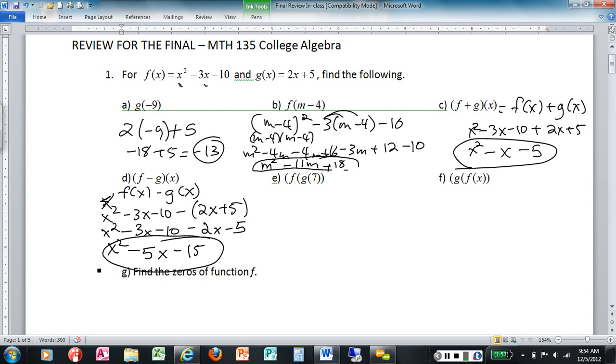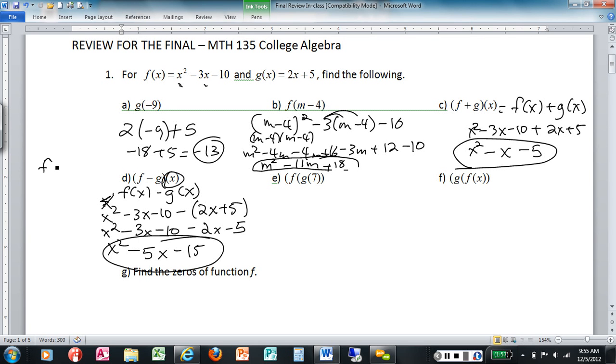Now, one other quick note, and that's kind of what we're going to do on E anyway, but also please note that x is the input, but this is function notation. X is the input value, and so I could also put in any x value that I wanted to. For example, here I could say do this f minus g of x, but say the x is 2.